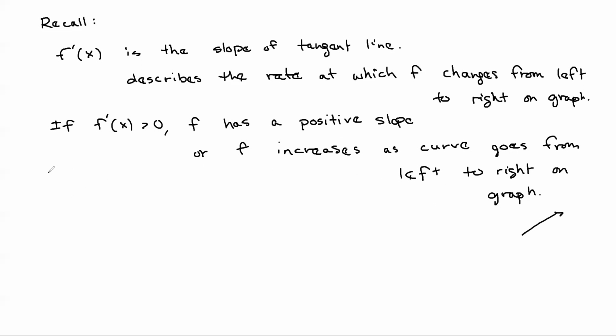So if we were to say the second derivative, right? The second derivative equals the derivative of the first derivative. And so what the second derivative describes is the rate at which f prime changes from left to right. All right, so that makes sense.